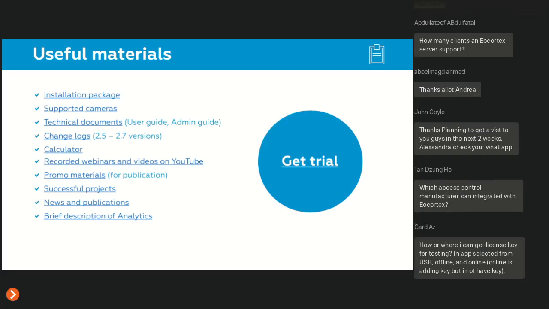How or where can I get a license key for testing, selected from USB, offline and online? Offline is adding a key, but I don't have the key. Okay, if you're just testing the software, I'm not sure that we can send you the USB.